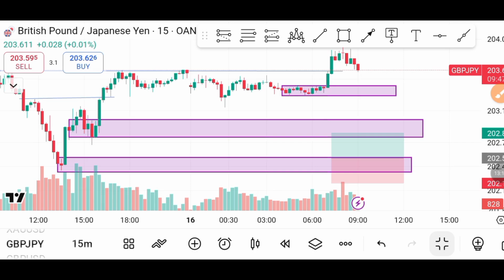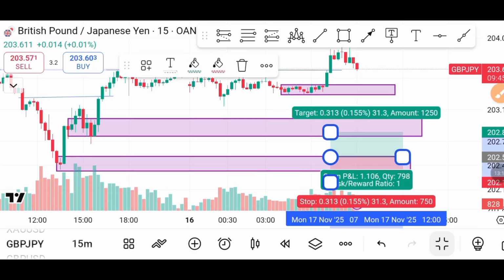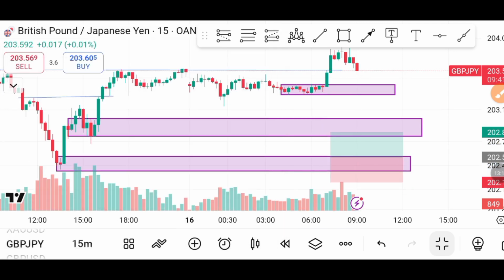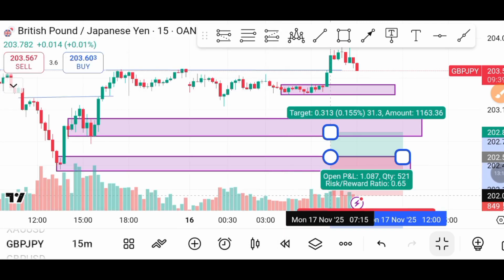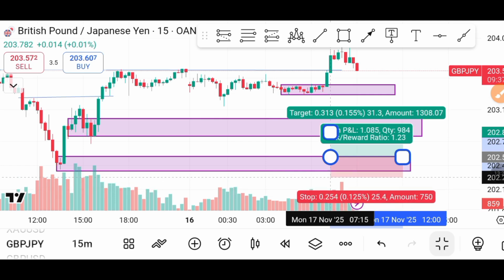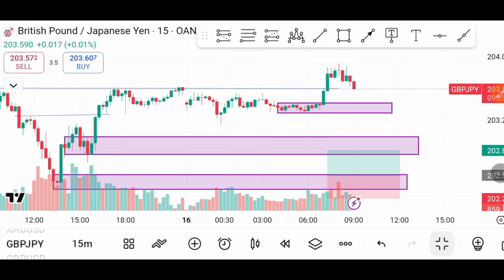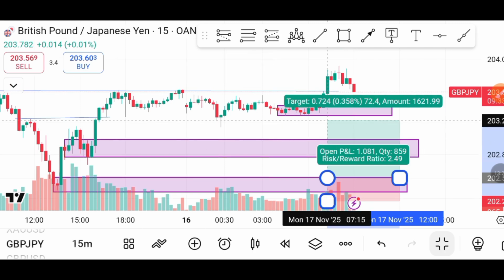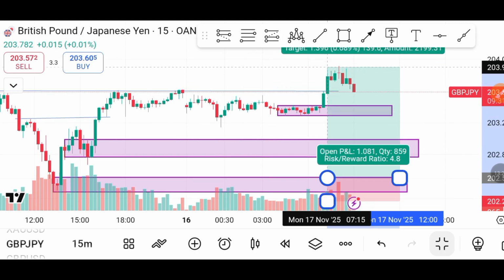From this one. And a stop loss slightly below this swing low, that is this area. And then I'll take profit here, this point of reversal.